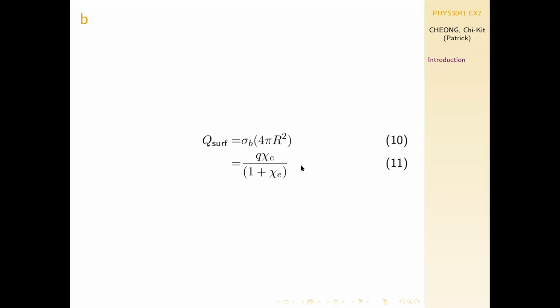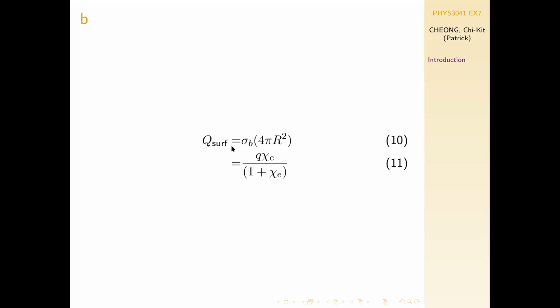Next, we would like to know the total surface charge of this configuration. Let me go back one slide. If you take a closer look at this surface bound charge, you will notice that it is independent of the location, as all the quantities here are constant.